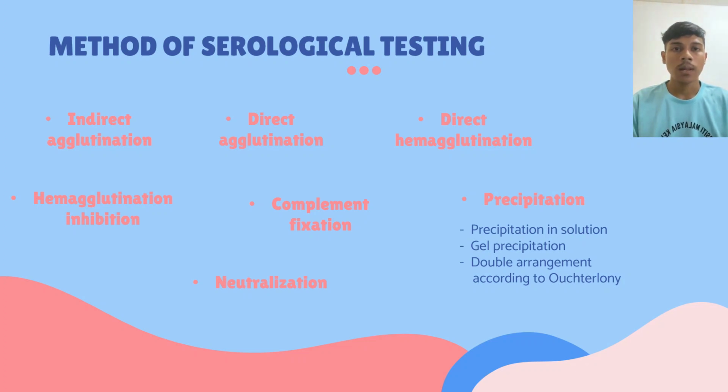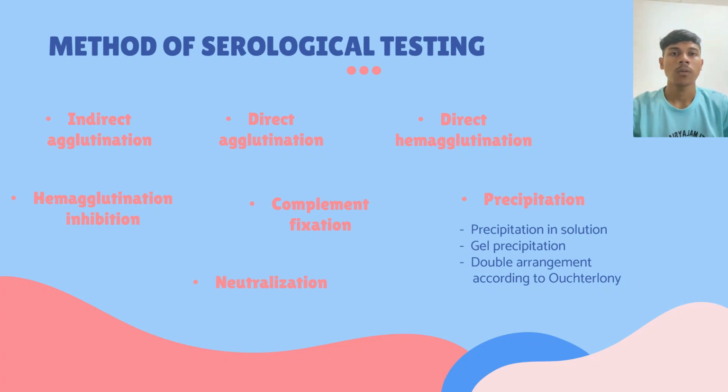An example is the Paul-Bunnell reaction to detect infectious mononucleosis. Next, hemagglutination inhibition, or HI, is used in influenza virus and other hemagglutinin-bearing disease. Virus-bound antibody inhibits hemagglutination.